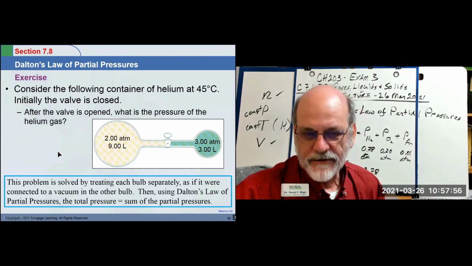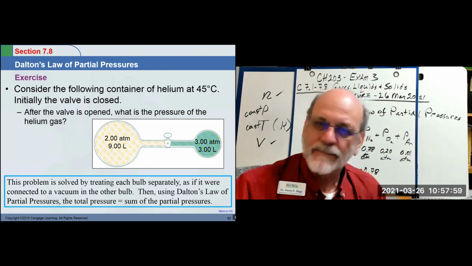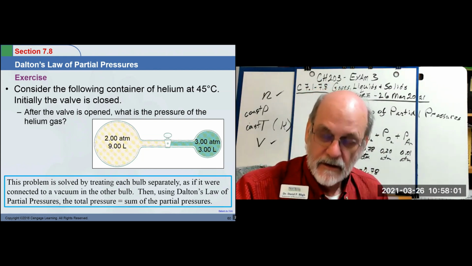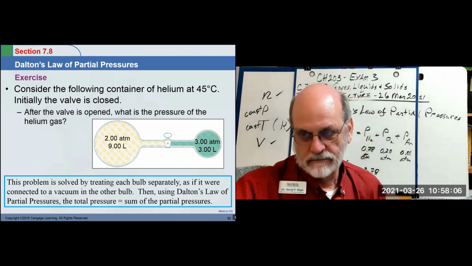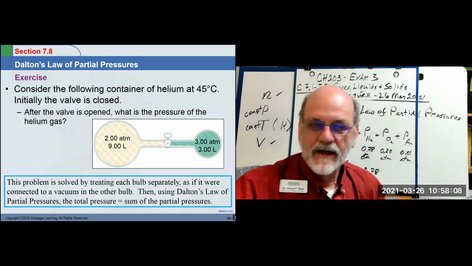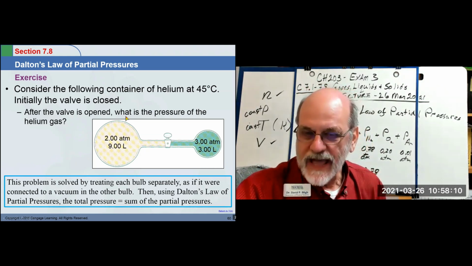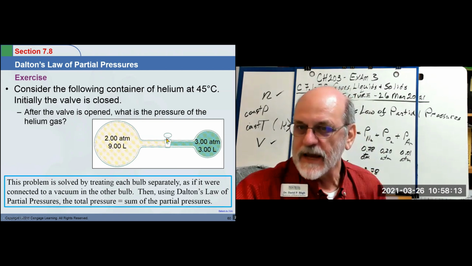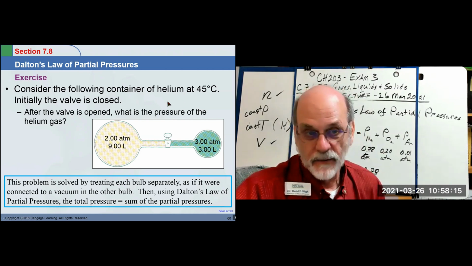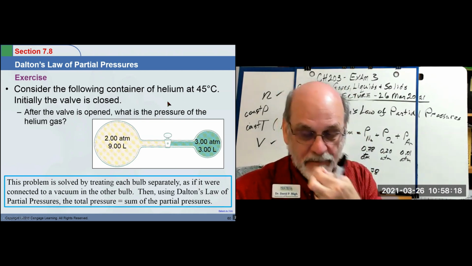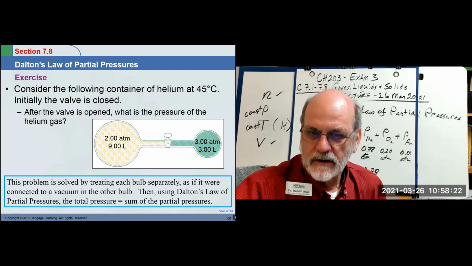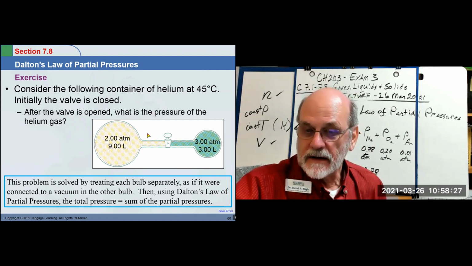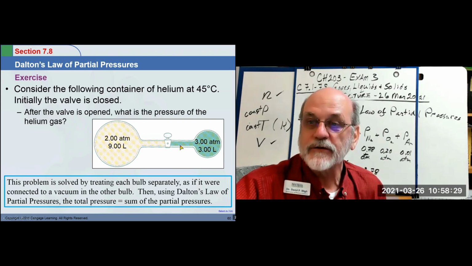All right, we've got this problem, which can be solved using Dalton's law of partial pressures and Boyle's law. So the question is, if we have this container and it's at constant temperature, it tells us what the temperature is, but if it's at constant temperature, what will be the pressure of the gas inside the container after the valve is opened?